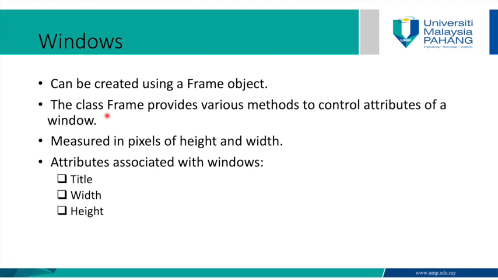The windows will be measured in pixels of height and width. You can create how big or how small the window of your GUI is based on your personal preference. And then the attributes associated with windows are title, width, and height.